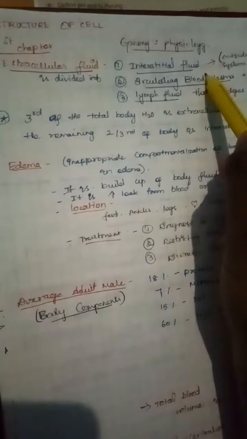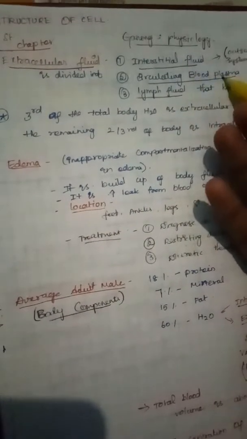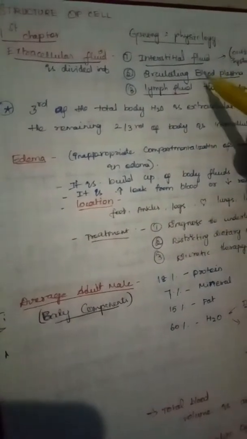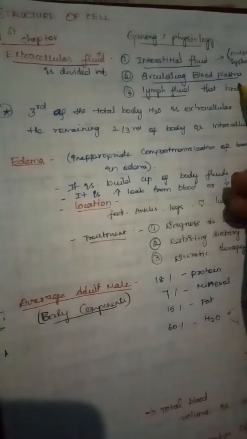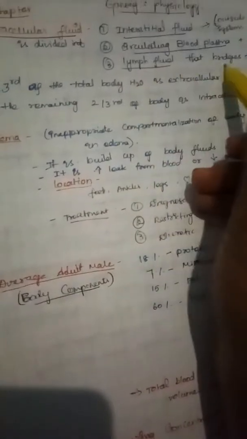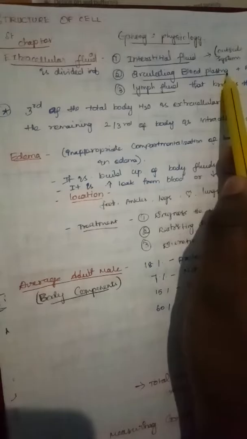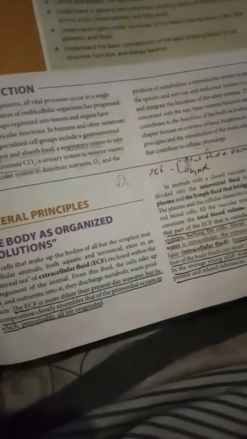Circulating blood plasma is the red blood cells, that is blood, the total blood volume. And the lymph fluid, that's it. The extracellular fluid is divided into three parts: interstitial fluid, circulating blood plasma, and lymph fluid. This is more important in the first page, and then we will go to the next page.